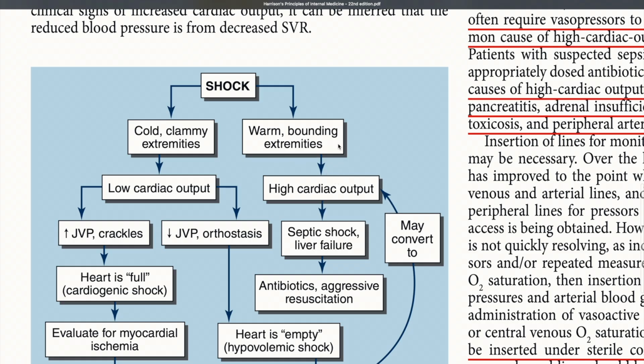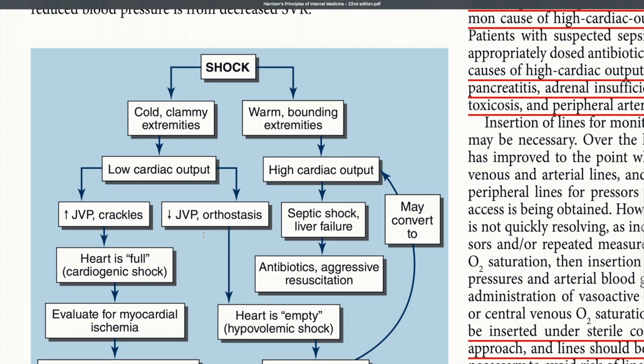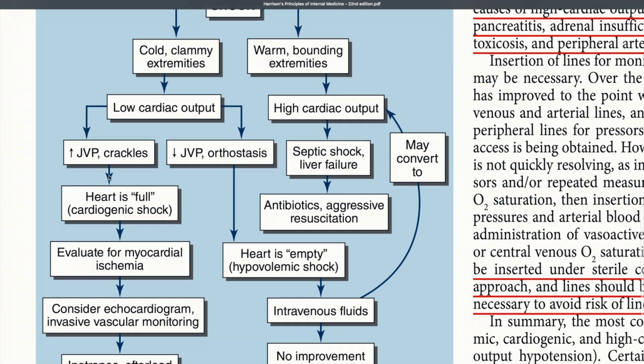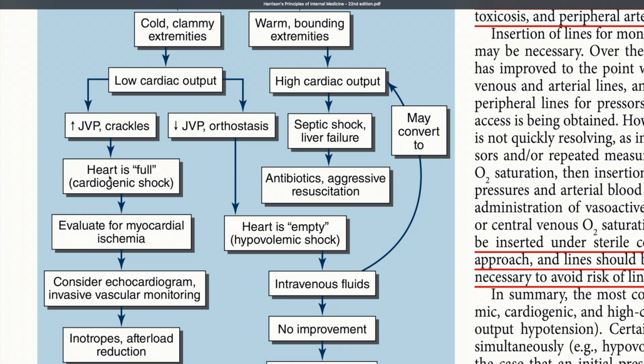The warm shock is usually with septic shock, where we have to give aggressive antibiotics and resuscitation, whereas in cold shock, we see low cardiac output, where we can again divide them into high JVP and low JVP. High JVP is where the heart is full.